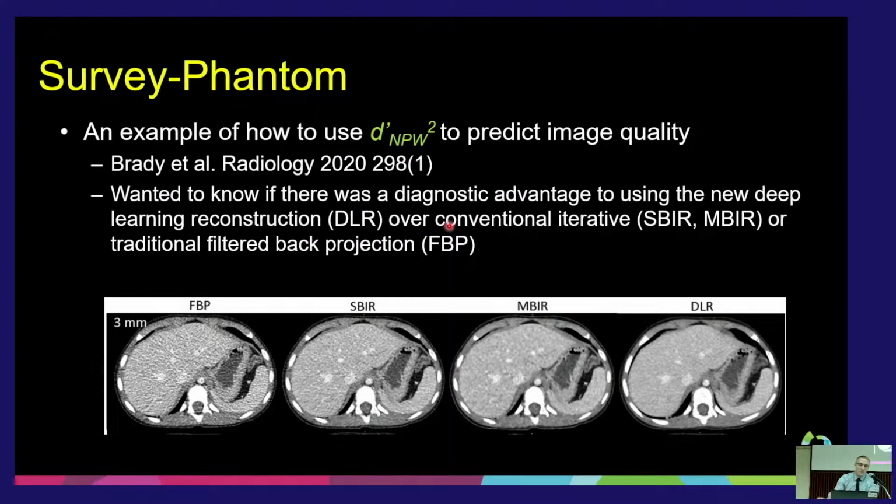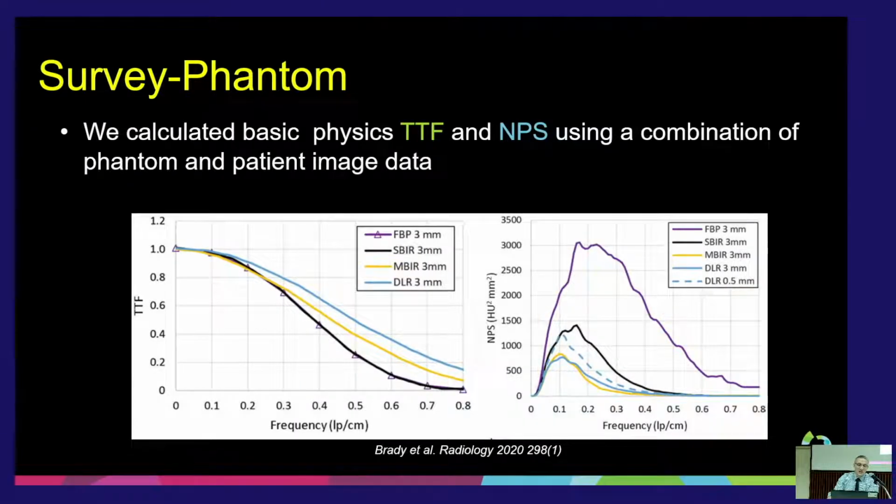So in a paper that we published a couple of years ago, we applied this algorithm when we wanted to ask ourselves, which algorithm is going to give us the best diagnostic confidence for our radiologist? Filtered back projection, one version of iterative reconstruction, another version of iterative reconstruction, and then, of course, our new deep learning reconstruction algorithms. The way we did this is we took all of our TTF measurements of the image, we went inside our patients and measured the noise power spectrum inside.